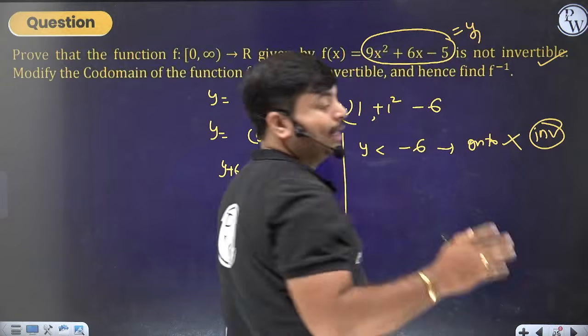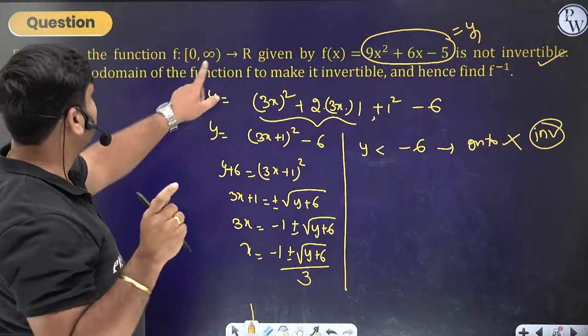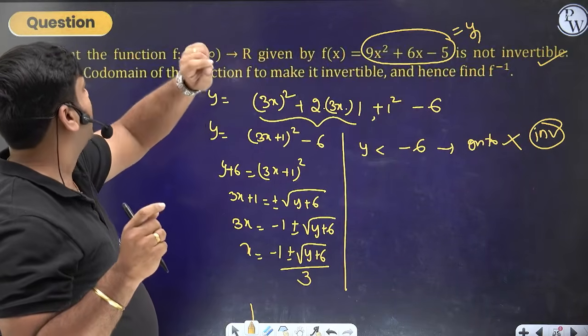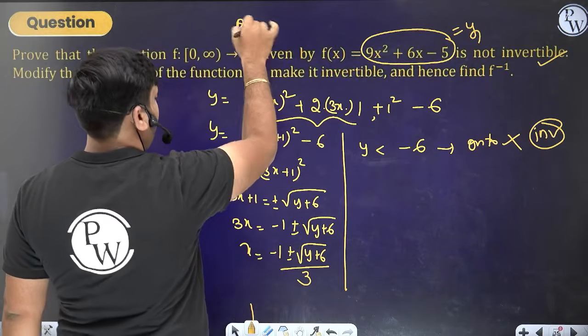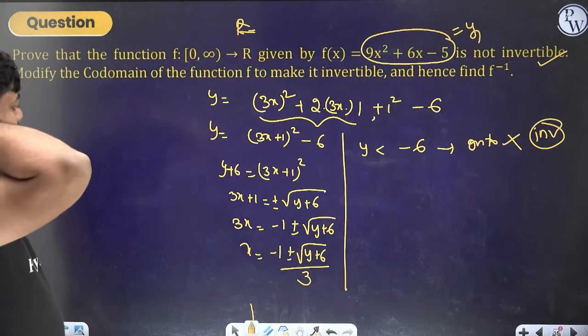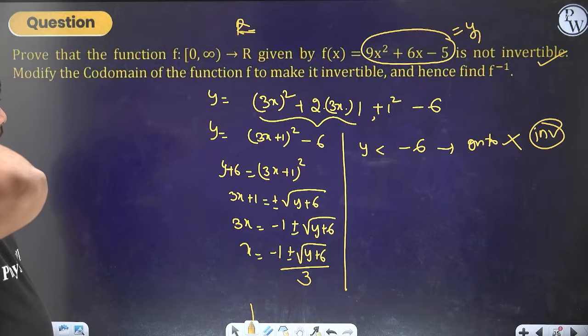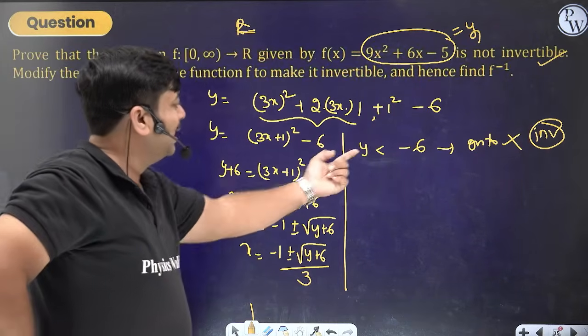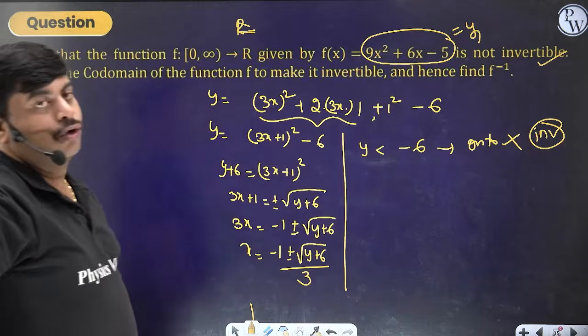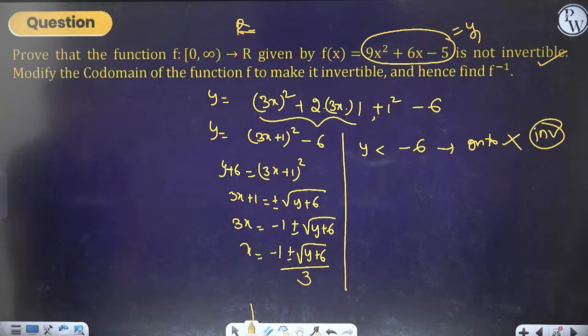But had I, instead of the set R, included only the numbers greater than minus 6, correct or wrong? Think about it. I should include only the numbers greater than minus 6, yes or no? So what should I do now?